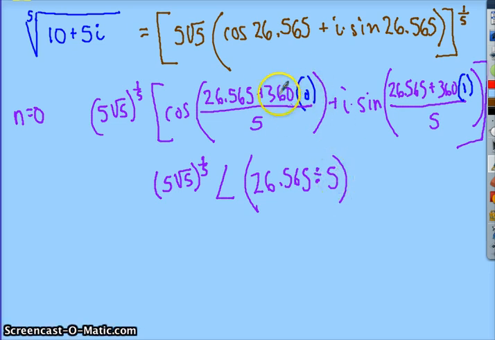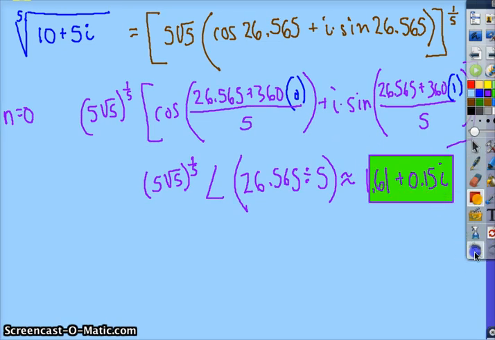This is 0, 26.565 divided by 5. And when you do that, you should get approximately 1.61 plus 0.15i. Right, so this is our first root, which we get when n is equal to 0.